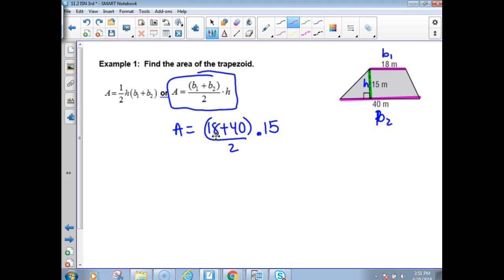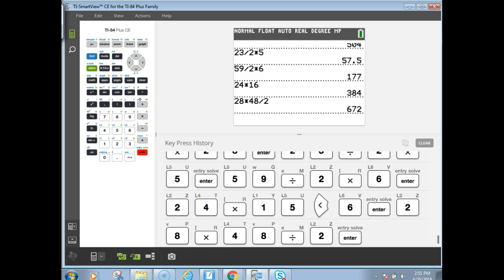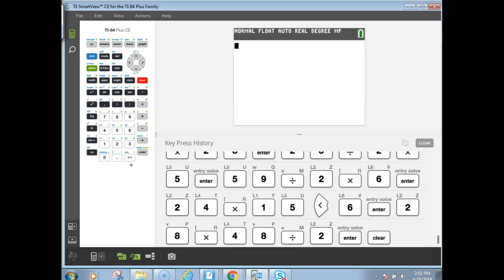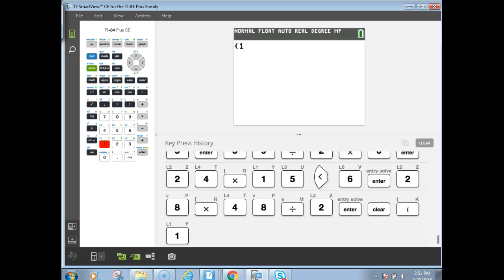Now let's go ahead and add 18 and 40. That's 58, divided by 2 times 15. Now I suggest you do this, and I'll explain why. If you did not simplify the parentheses first, you would have to type all this in, parenthesis, 18 plus 40, and you'd have to type it all like this.